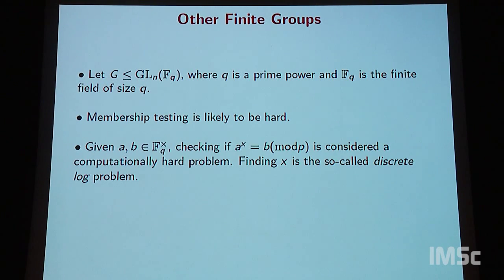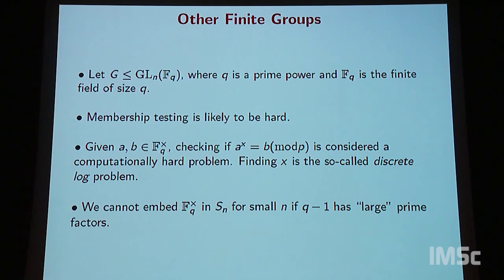And that's because even over 1 by 1 matrices, checking whether B belongs to the cyclic group generated by A, if P is a large prime, it's basically the discrete log problem, which is considered computationally a hard problem. So there is no hope for even solving membership testing for 1 by 1 matrices efficiently.